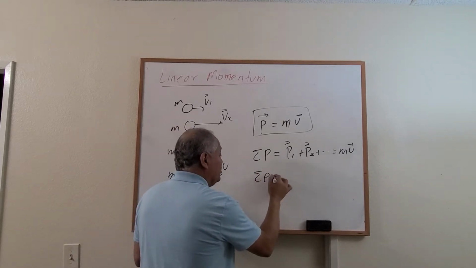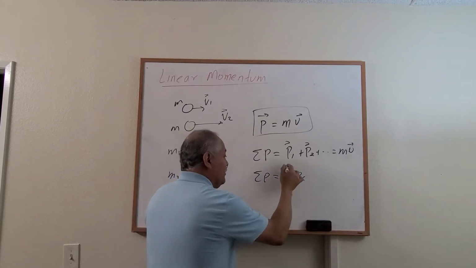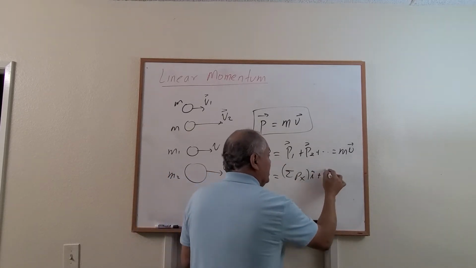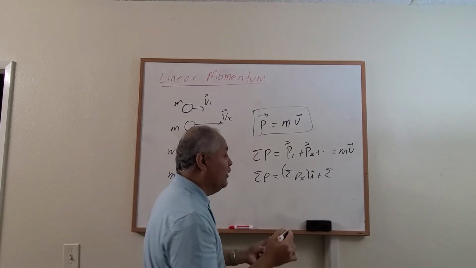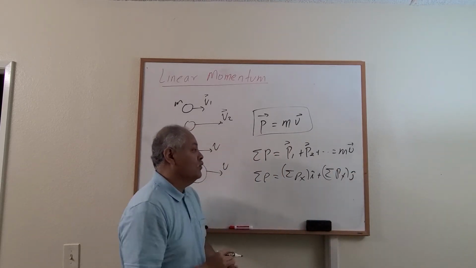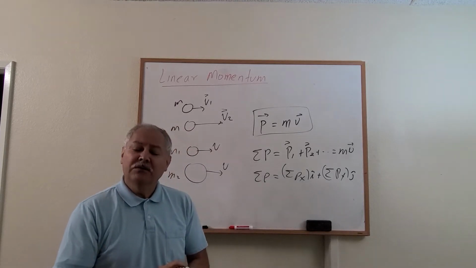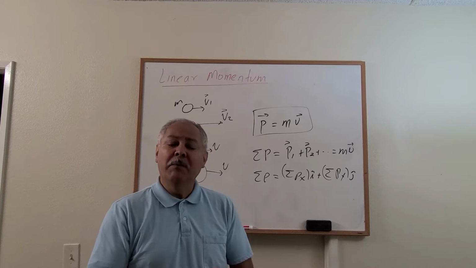The total momentum is equal to the momentum in the x direction plus the total momentum in the y direction. So this is the vector notation for the momentum.